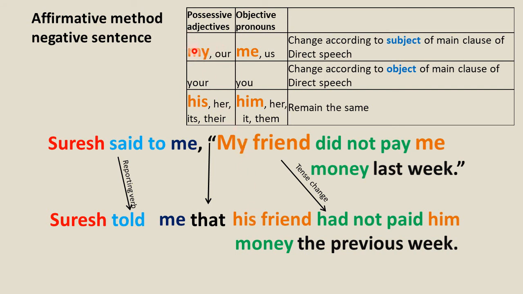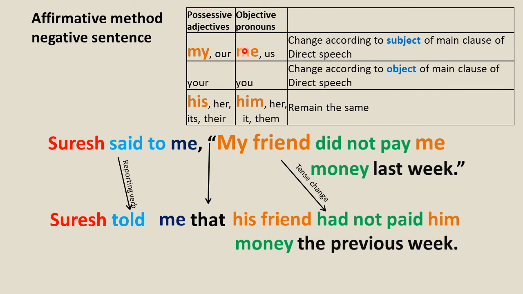So here my becomes his. Why? Here my is a first person pronoun and the rule is that it is changed according to the subject of the main clause of direct speech, and here the subject is Suresh. Suresh refers to his, so my becomes his. Similarly, one more pronoun, that is me.